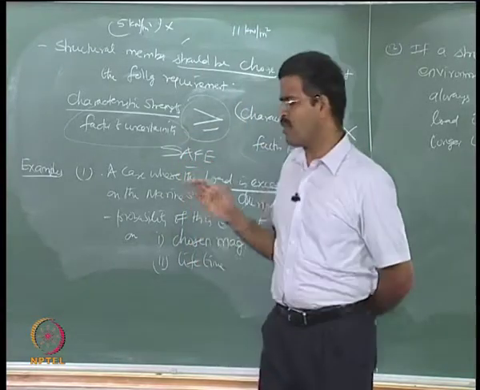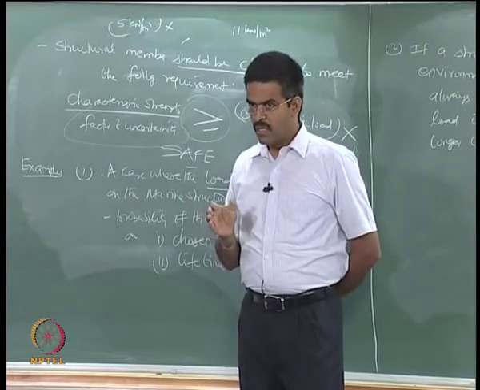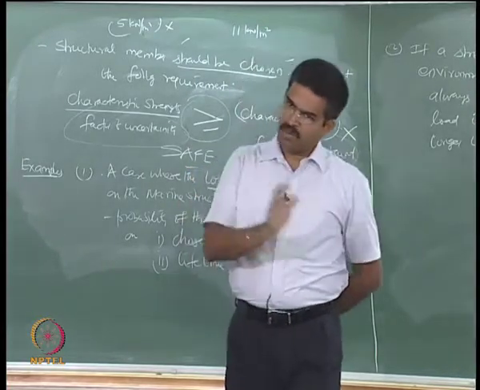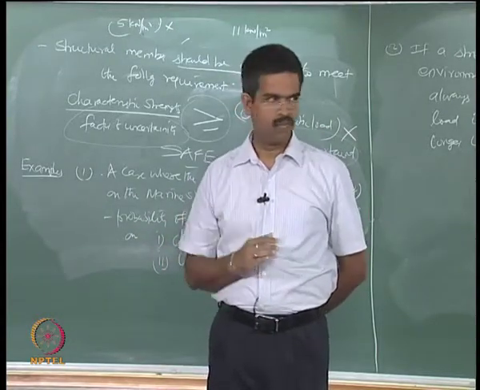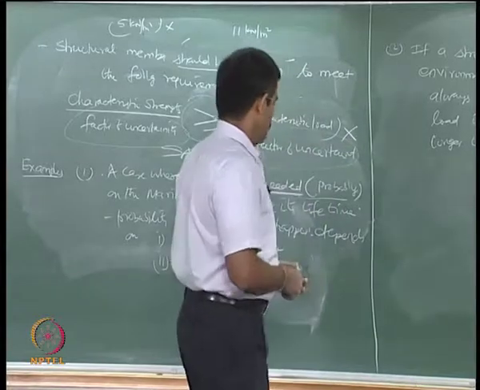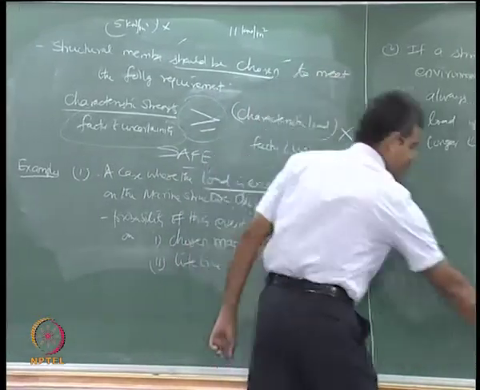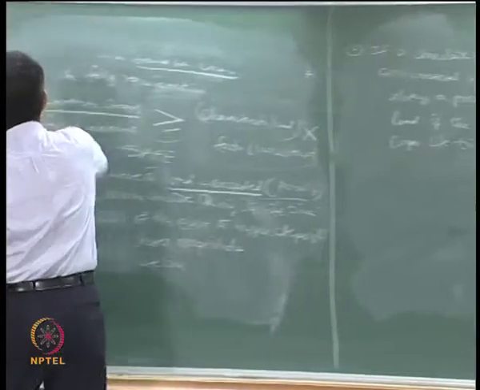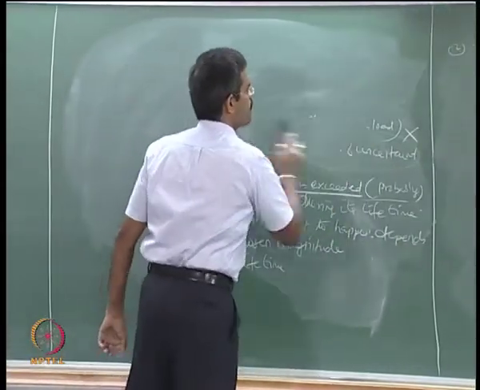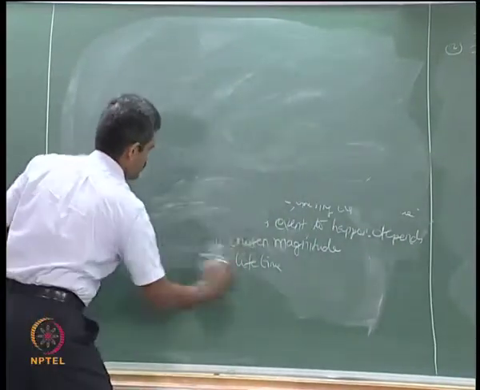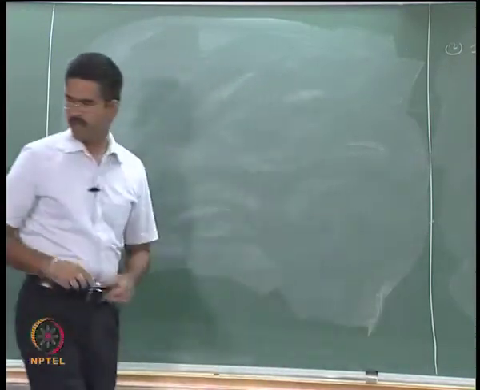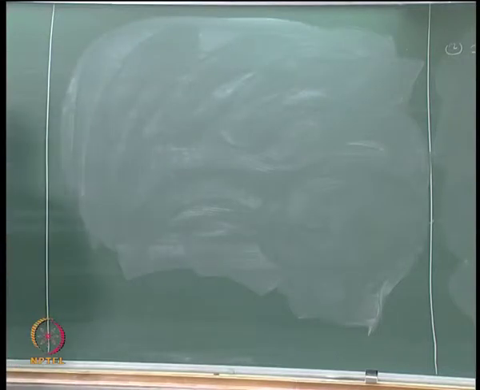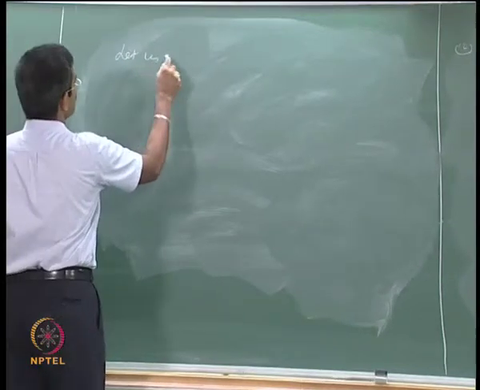So, now we have understood very clearly that the limit state of serviceability and the ultimate limit state are different things. Having said this, let us now consider two components.